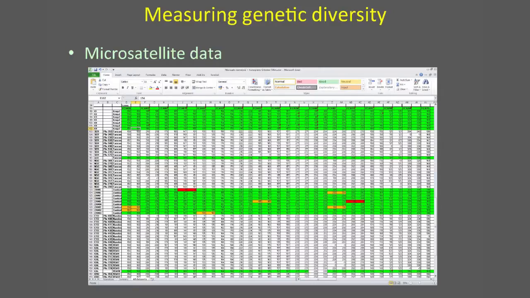Again, it's very small, but what you see is that on each row there are the individuals, and each individual has two sizes, which is the two alleles. What you can do then is use the frequency of the alleles that are found, and use that information to group the individuals together with a clustering method.